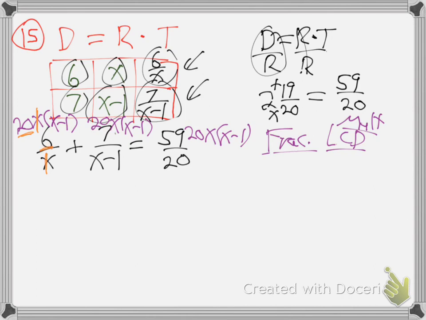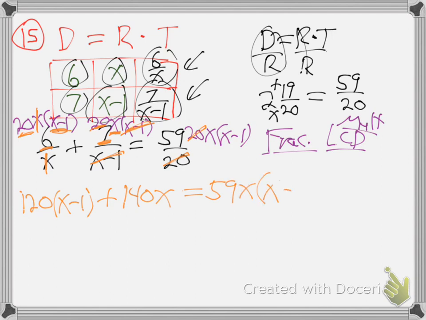And what are we left with? 20 times 6, which is 120, x minus 1, right? 20 times 6 times x minus 1, 120 times x minus 1, plus, what happens here? x minus 1 cancels x minus 1. We're left with 20 times 7, 140, and the x, right? Equals, what happens on the right side? 20 cancels 20, and we have 59x times x minus 1.